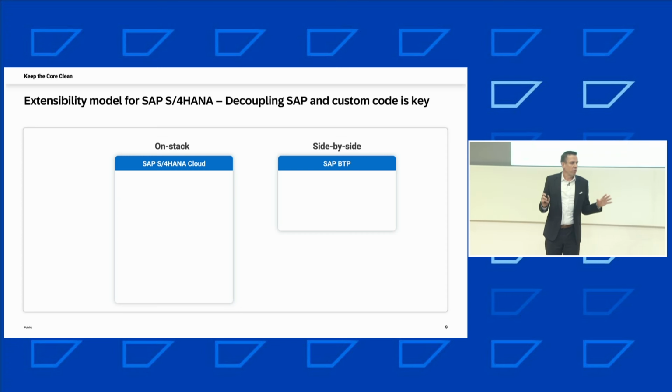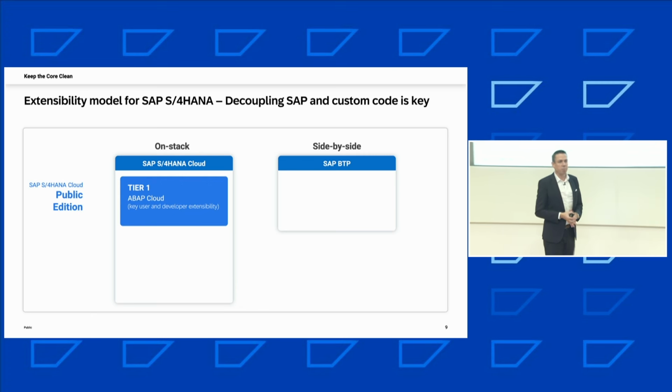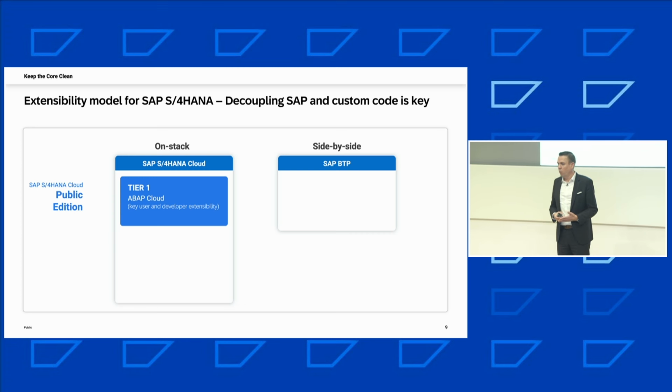And even though the concept is applicable in the private cloud, let me start with the public cloud for a good reason. So in your S4 system, you can build ABAP cloud code on stack. And you can use key user extensibility on stack, which is very, very powerful.